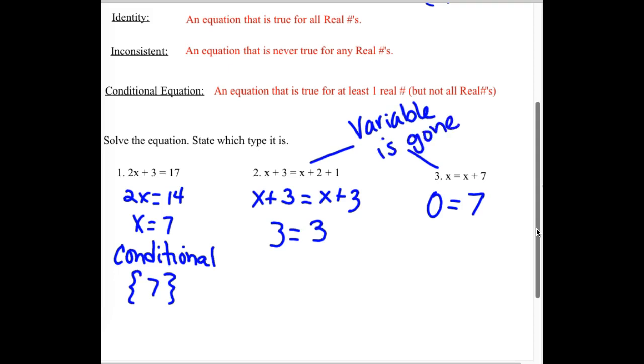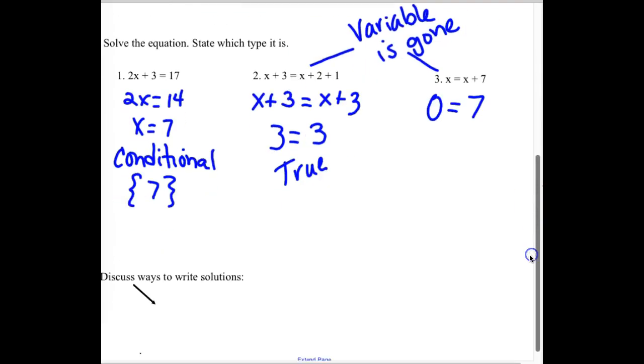I cannot solve for x if there's no x, right? But we have two completely different resulting statements. In the first one here, we have 3 equals 3. That is a true statement. If we have our variables disappear, but we have a true statement left, that is called an identity.